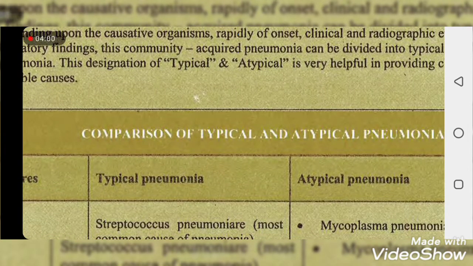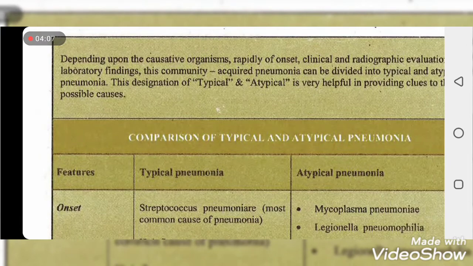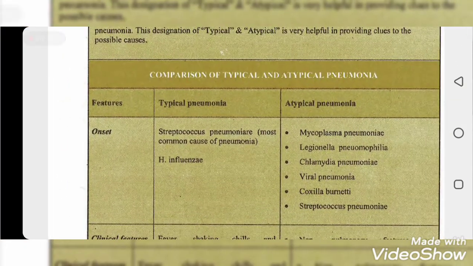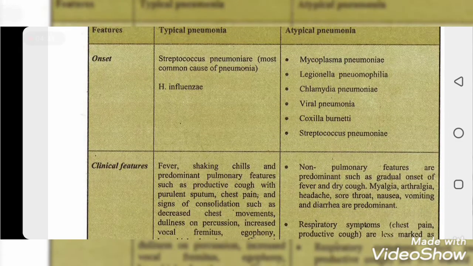So we talk about community acquired pneumonia, and it has two types. First we talk about typical pneumonia. Typical pneumonia is mostly caused by Streptococcus pneumoniae, the most common cause of pneumonia, and very rarely H. influenzae.